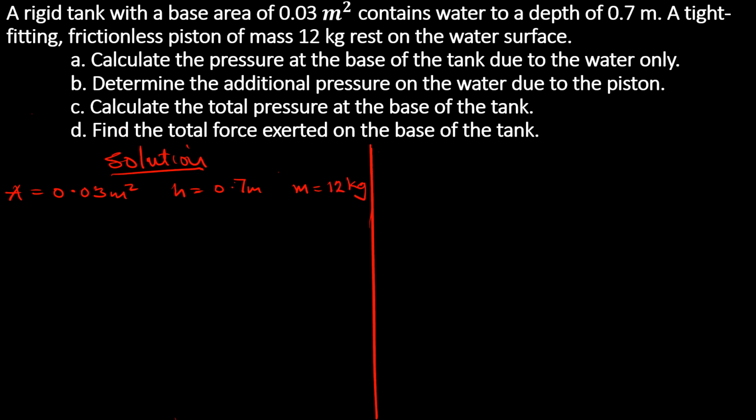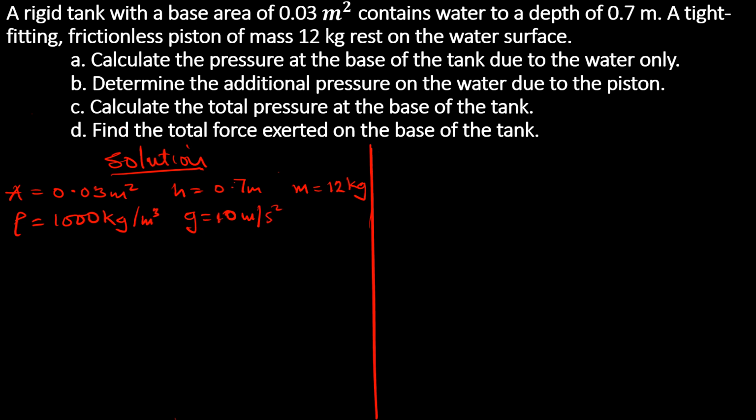We know the density of water to be 1000 kilograms per meter cubed. And also gravity, which is G, is 10 meters per second squared.